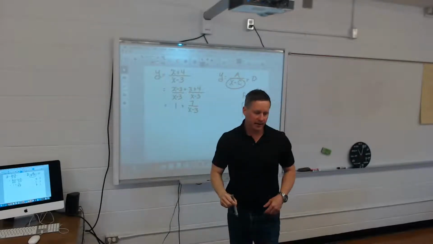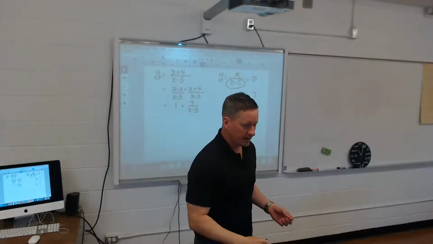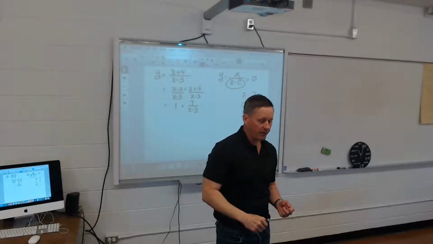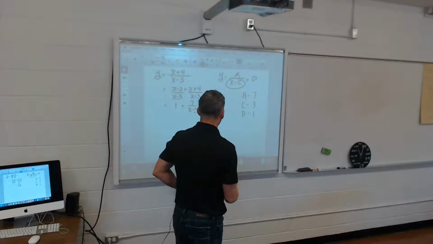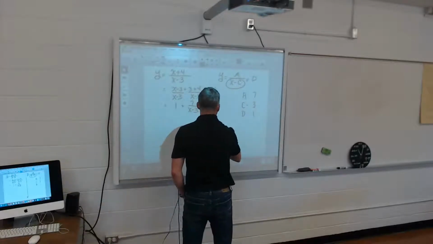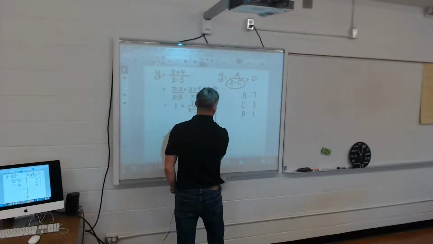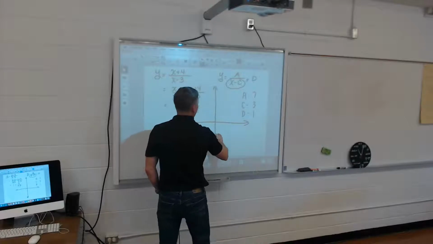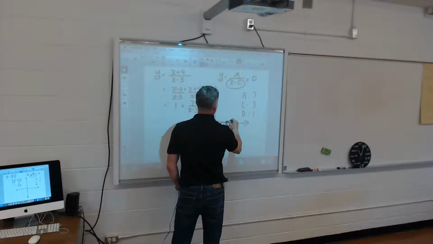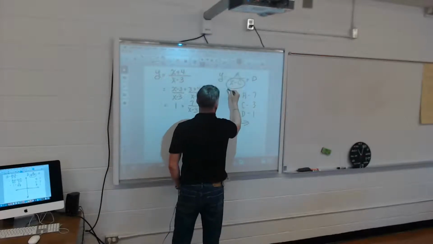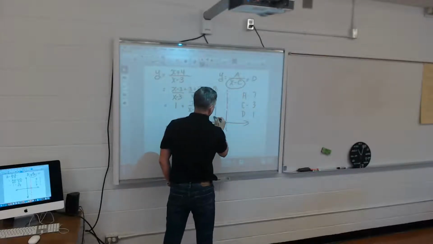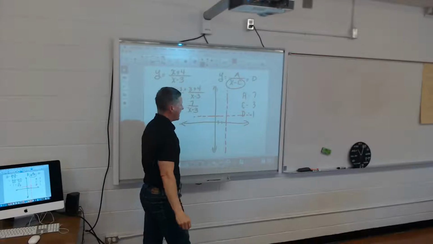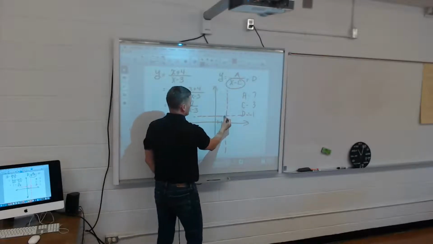So that means the intersection coordinate for my asymptotes is at 3 and 1. If I were to draw out this graph right now, I'd go 1, 2, 3 over and up 1, and I would have my asymptotes right here.